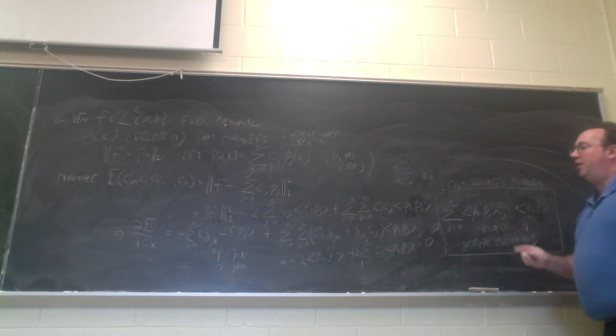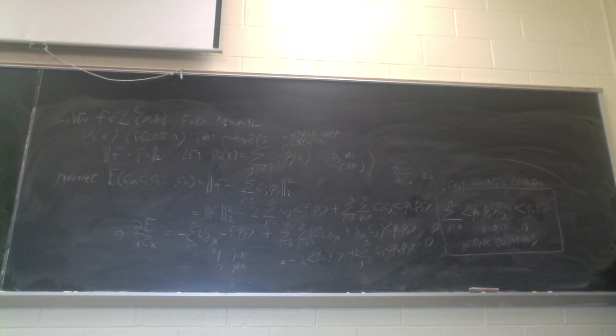It's called least squares because we're trying to minimize a 2 norm. We think of a 2 norm, we're integrating a squared function. It's like minimizing a sum of squares. So that's where least squares gets its name.